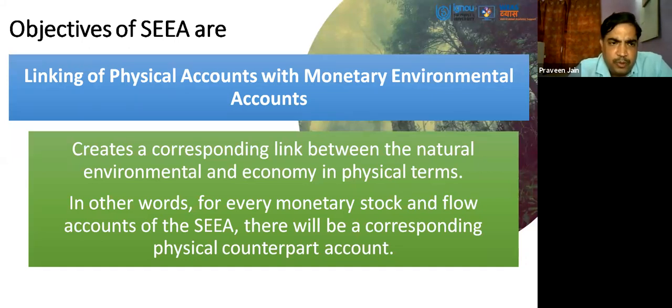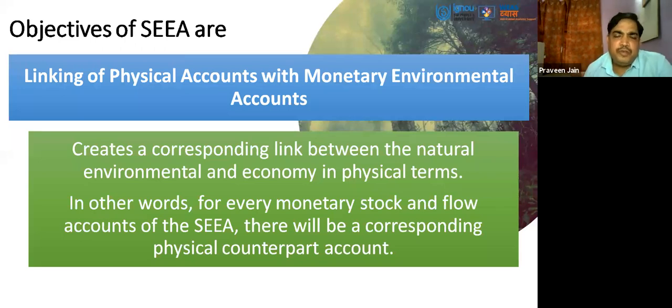Then another highlight of this SEEA approach is that we link the physical accounts with the monetary environmental accounts. Here we create a corresponding link between the natural environment and the economy in physical terms. In other words, for every monetary stock or flow account, there will be a corresponding physical counterpart account.